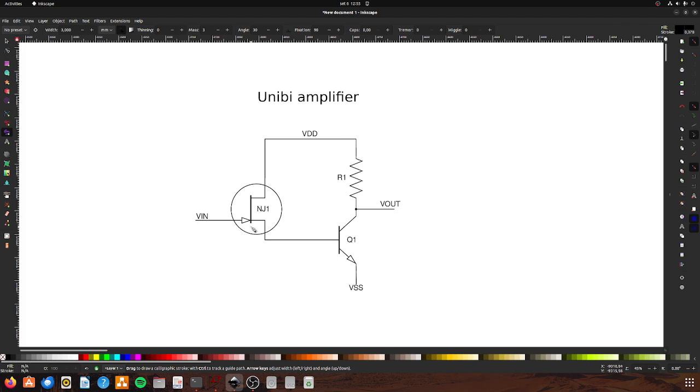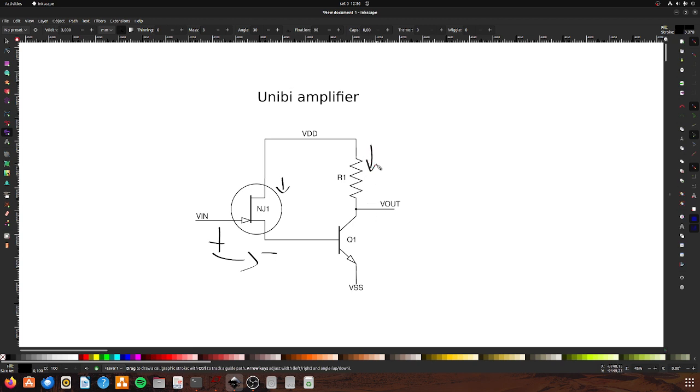The NJ-FET transistor serves as an input stage to the NPN transistor in order to increase its input impedance. Basically, it turns its gate to source potential into a current based on its transconductance, and the bipolar transistor will amplify its current through its beta.